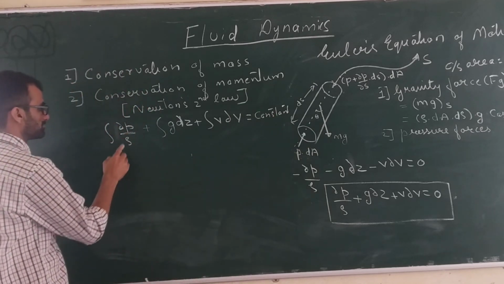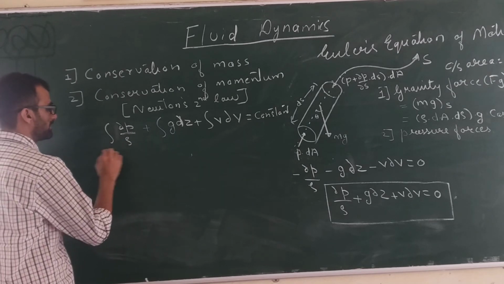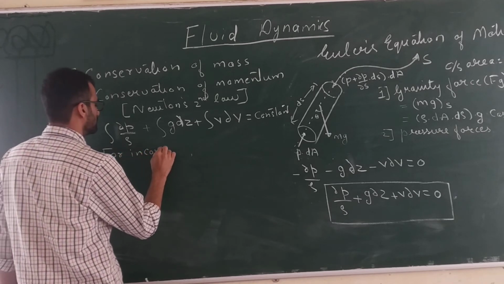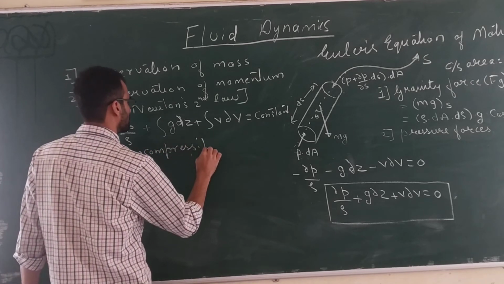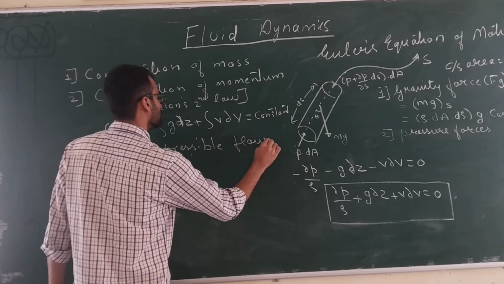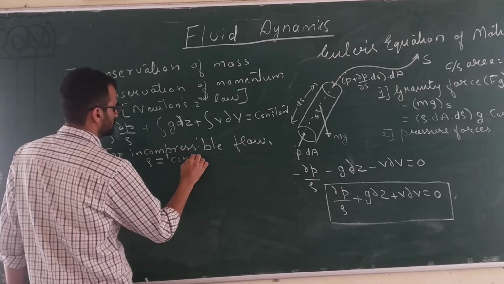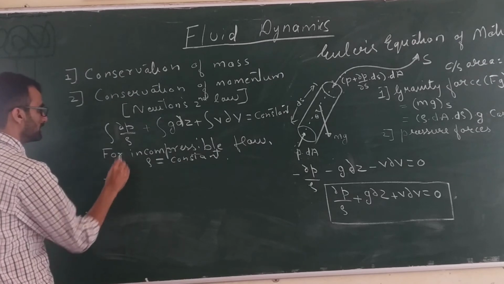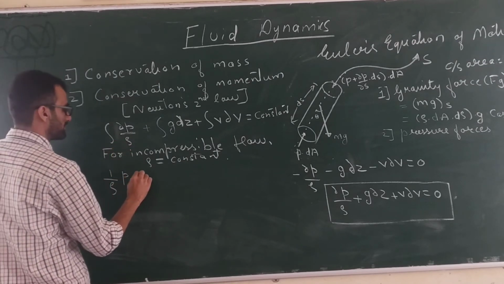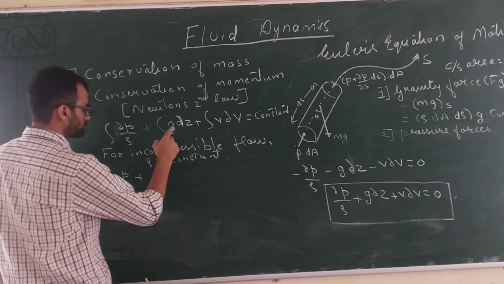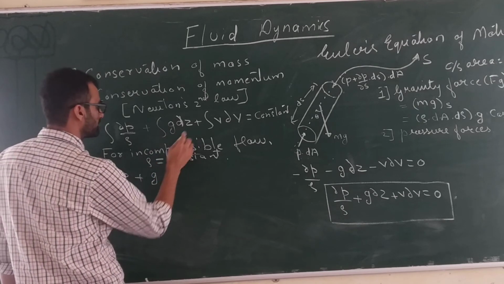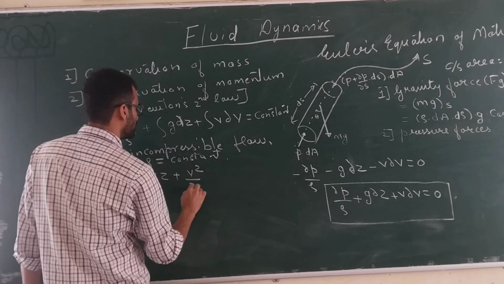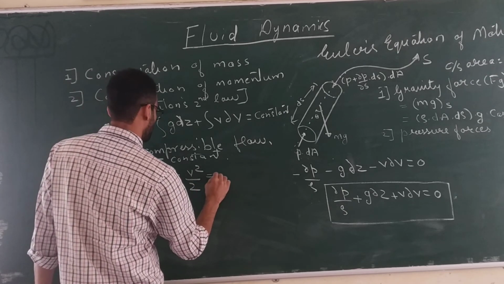Okay, so if you have an incompressible flow, rho is constant. So if your flow is incompressible, you can take this rho outside, so 1 by rho integral of del P is P, plus g is a constant, integral of del Z is Z, plus integral of V del V will be V square by 2, equal to constant.